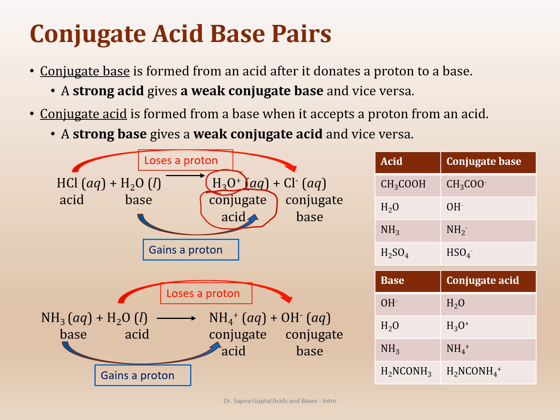H3O+, for all practical purposes, is an acid. So for you to even think about that as a base would not be good. I'm going to be polite. So H3O+ is going to be the acid. Now once you have identified that this is the acid, automatically this is the base.